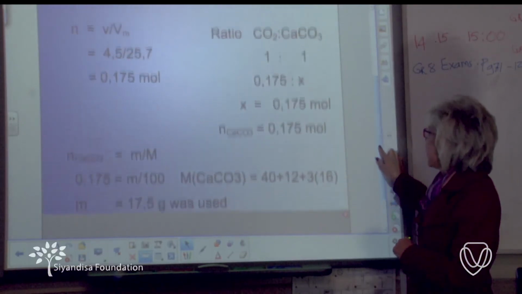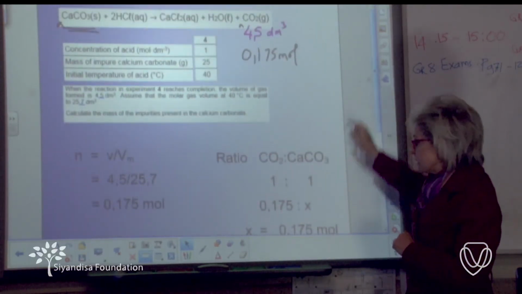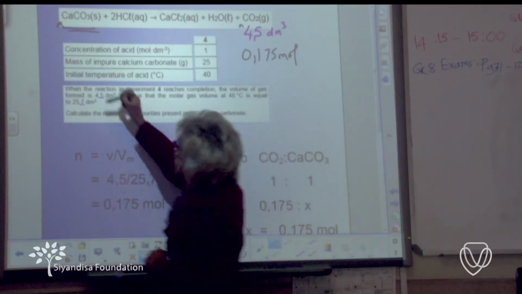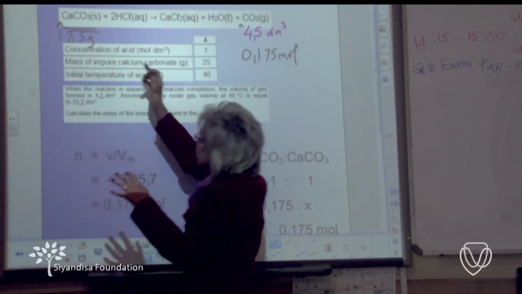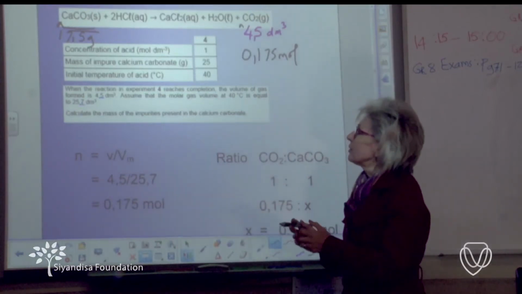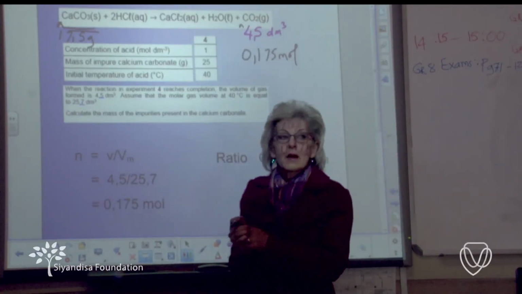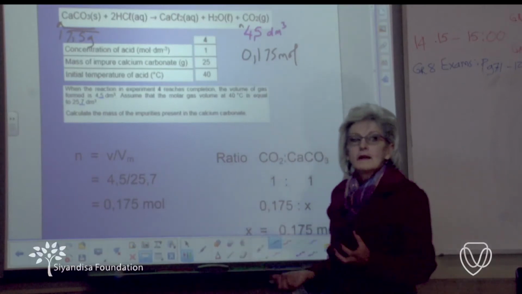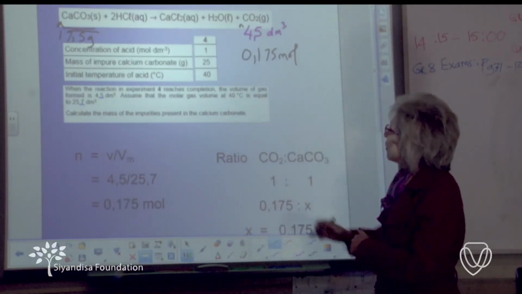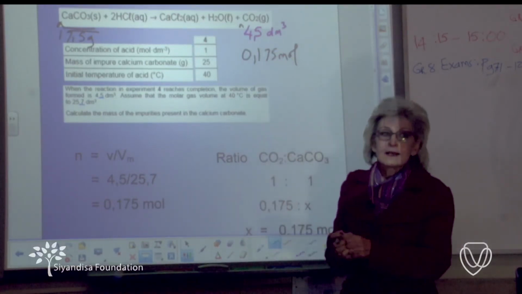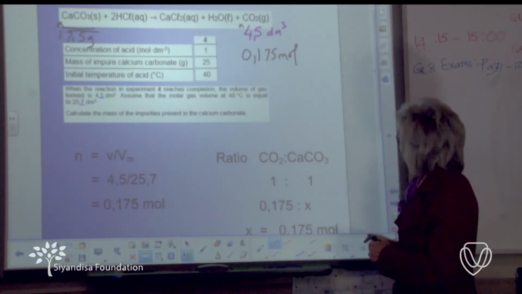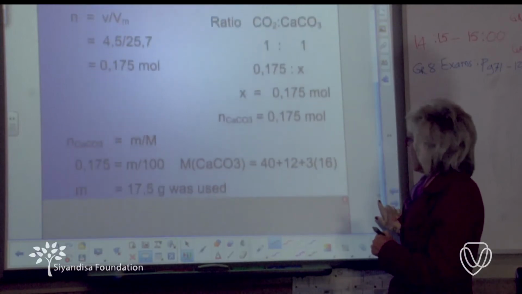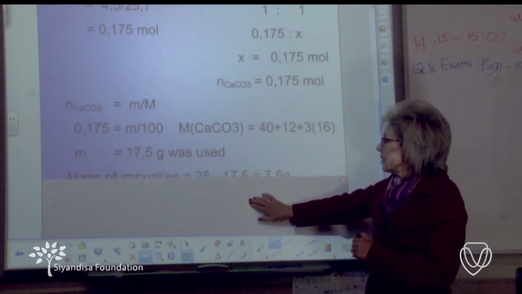Now, I'm paging back to the formula, 17.5 gram of calcium carbonate. What does this mean? It means, doesn't matter how many impurities there were, 17.5 gram is the actual chemical that has reacted to form the 4.5 cubic decimeter of carbon dioxide. And we need to find out the impurities.